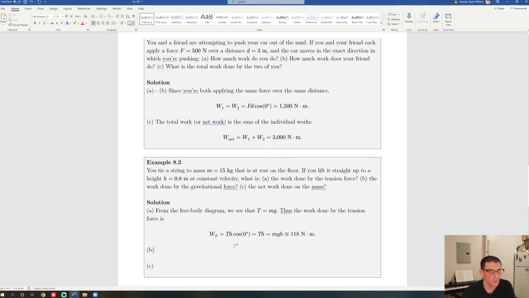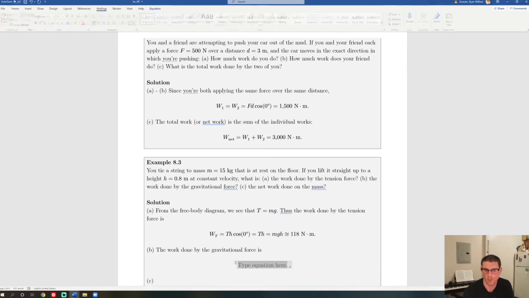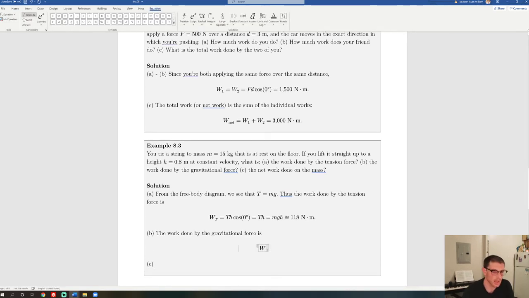Okay, so then let's look at the work done by the gravitational force, and I will write this as W sub g. Now this will be the gravitational force times the magnitude of the displacement vector, and then we have to tack on cosine of 180 degrees here.